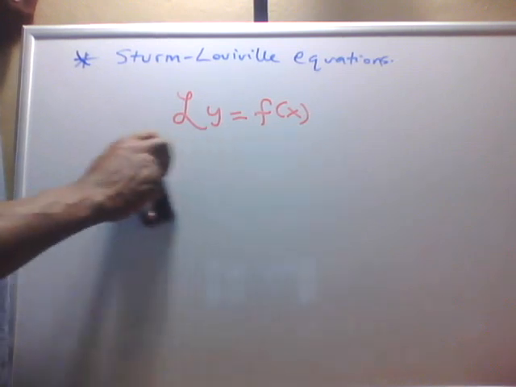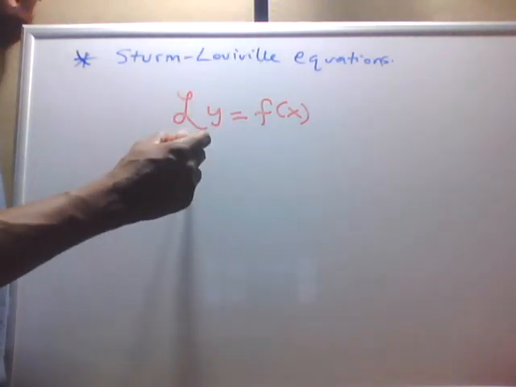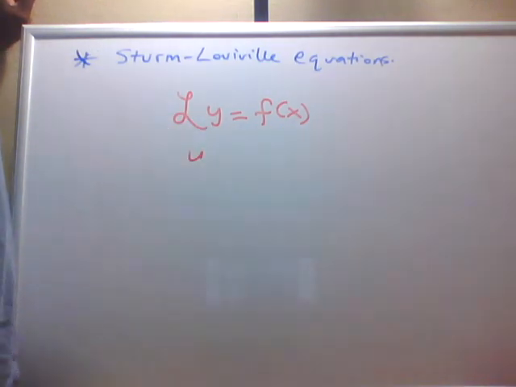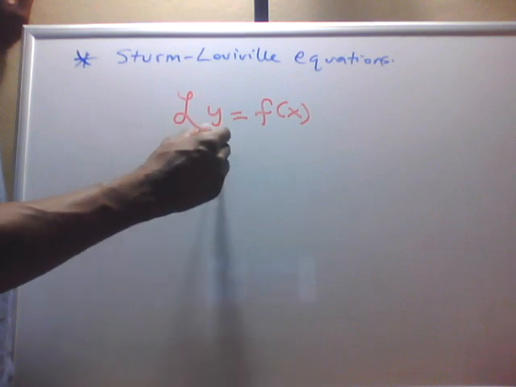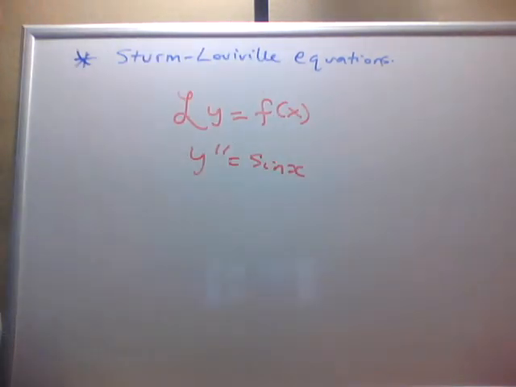Well, before we get to that, oh, why not? So if I have L as y prime prime equals sin x, for example, this is an easy one to solve, right?